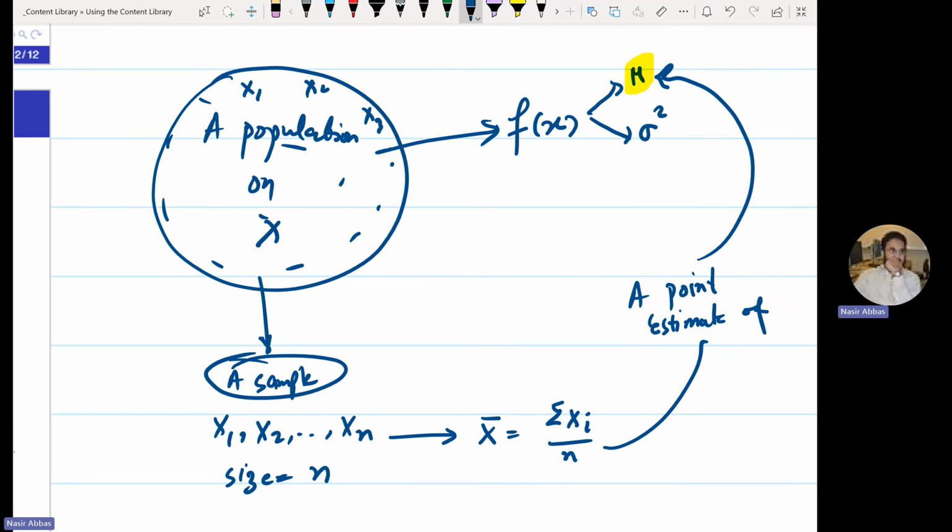To estimate those unknown parameters, you take a sample from that population, a representative part of the population, and from that sample, you compute the corresponding estimate, the point estimate.